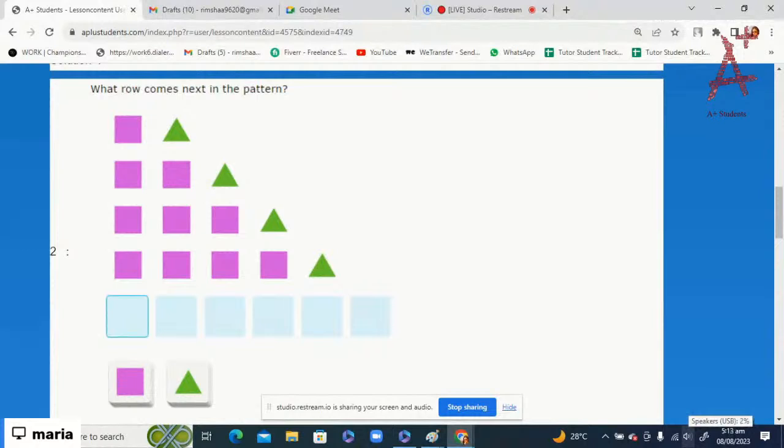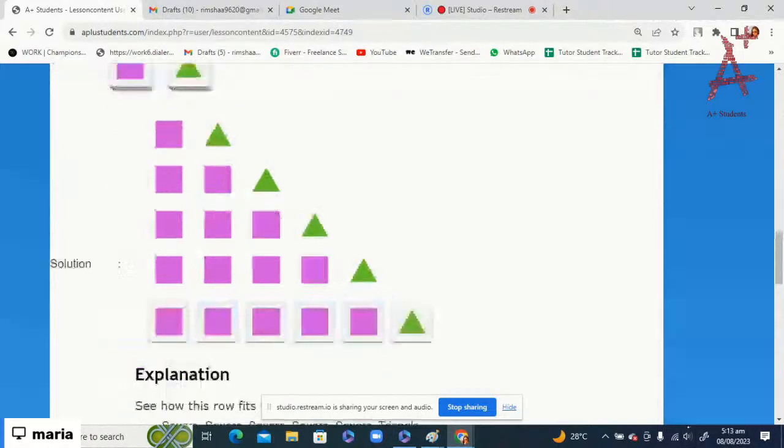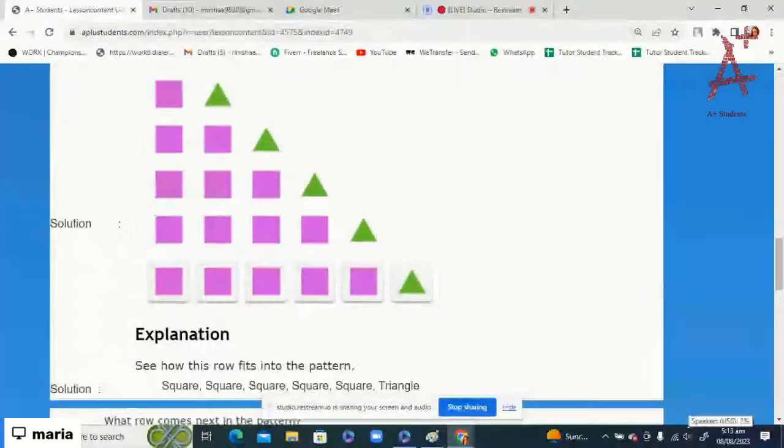So in the first row it's 1, in the second row it's 2, in the third row it's 3, and in the fourth row it's 4. So in the fifth row obviously it's 5. And the number of triangles is still the same. In all the rows the number of triangles is the same. Look, 1, 1, 1, 1, 1 and 1. Okay, look here. Here is the answer: 1, 2, 3, 4 and 5. That's it.